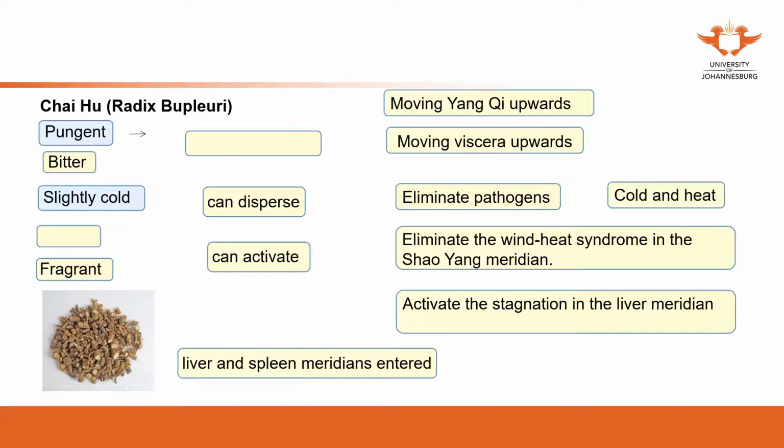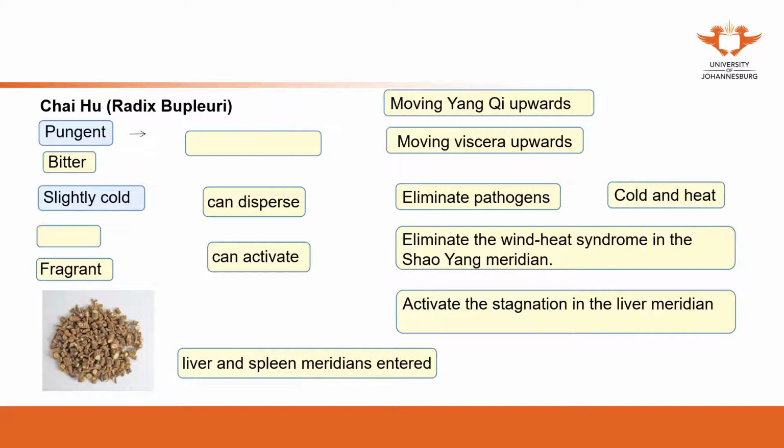One of the principles here is that in this group of formulas, harmonizing combines expelling pathogens and tonifying the antipathogenic qi. So from one single formula, you will see at least two categories of herbs: one category to dispel pathogens, the other to tonify.